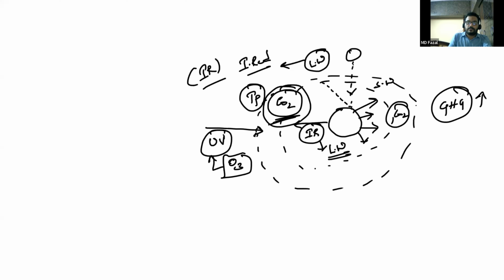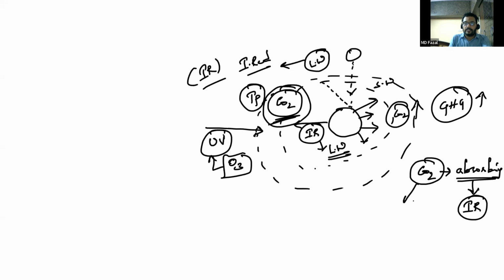More greenhouse gases means more carbon dioxide emissions. More carbon dioxide emissions means carbon dioxide is absorbing more IR. That is the meaning of that. That means carbon dioxide is heating the earth more rapidly.